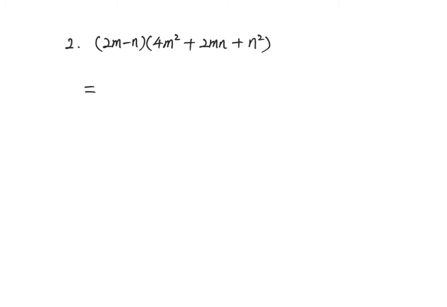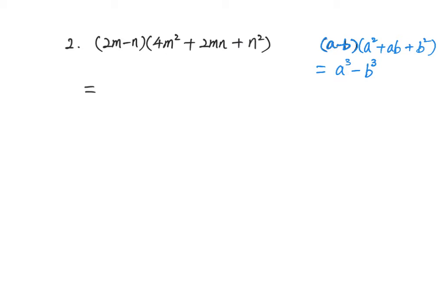Okay, let's see another example. This one also has exactly the same form as an identity, the difference of two cubes: (a − b)(a² + ab + b²), which is identical to a³ − b³.